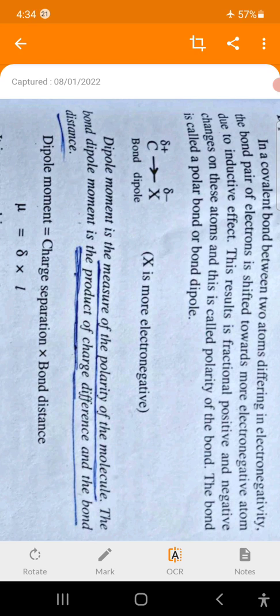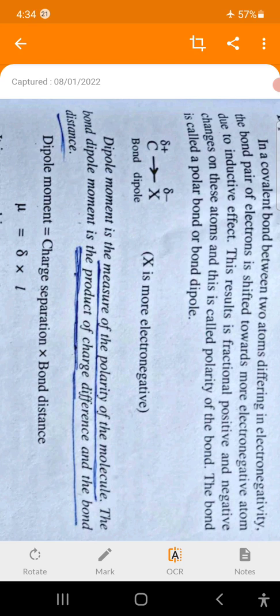The more electronegative atom pulls the electron pair towards itself and acquires negative charge, and the less electronegative atom, that is the electropositive atom, acquires positive charge because of loss of the electron pair.